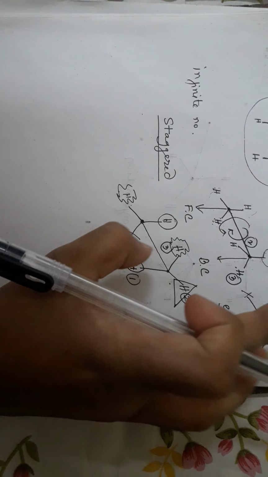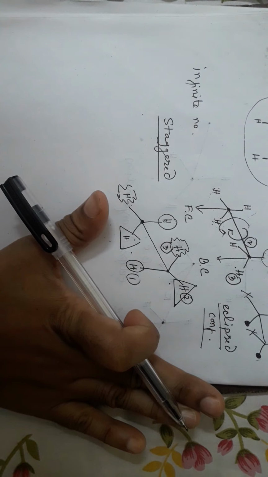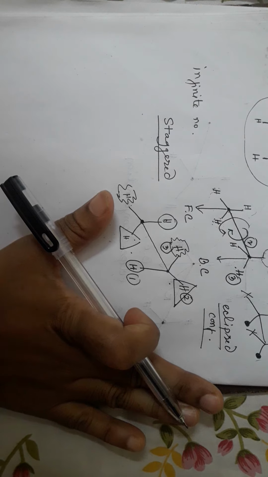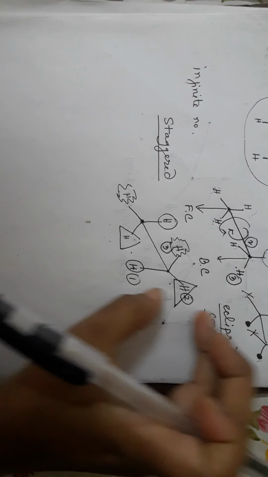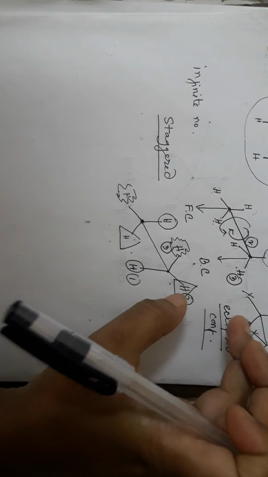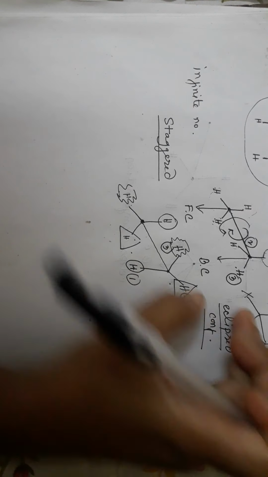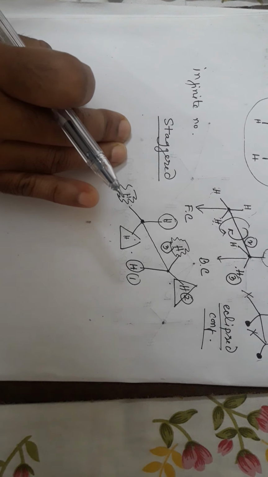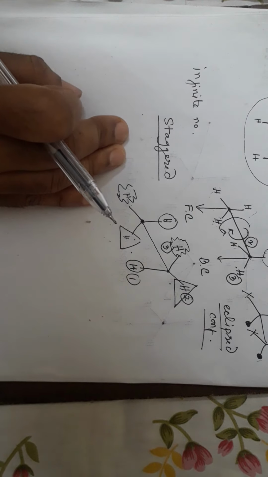Among the infinite number of conformations, these two are very important because of the energy. This is the highest energy system and the staggered is our minimum energy system.